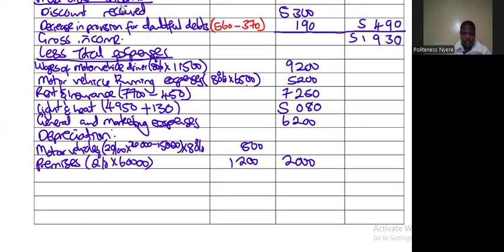So loan interest is 8% of 30,000, which gives you 2,400.